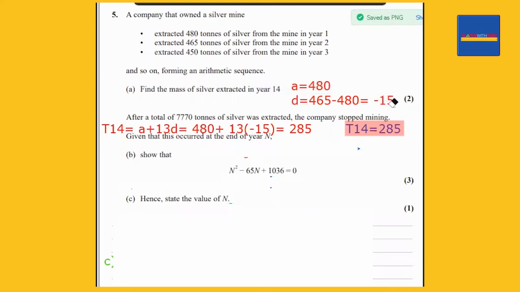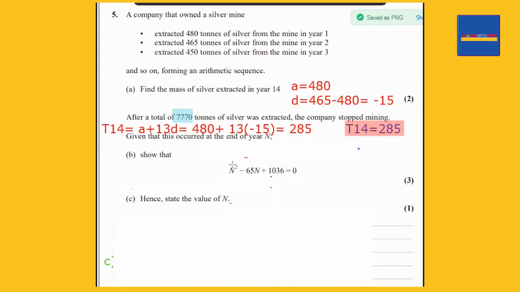Now let's get to the second part of the question, B. They say that given that there are 7,770 tons of silver extracted after a certain number of years, and that happens in year n, they want us to show this equation. Now let's consider 7,770. That is simply our formula for Sn.